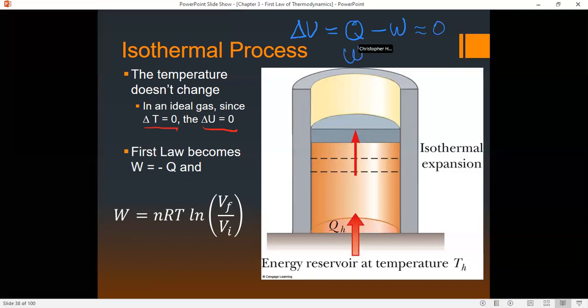The work done by an isothermal process is equal to the heat added to the system. Okay? Because there's no change in internal energy, thus there's no change in temperature. And again, to calculate the work done, ideal gas is nRT, natural log of VF over VI.